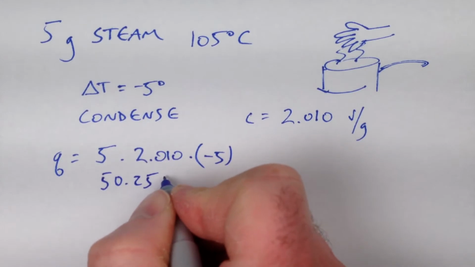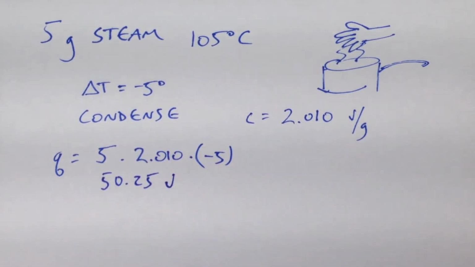Not a big deal at all. It only gave me 50.25 joules to cool down the steam from 105 degrees to the point where it could condense.